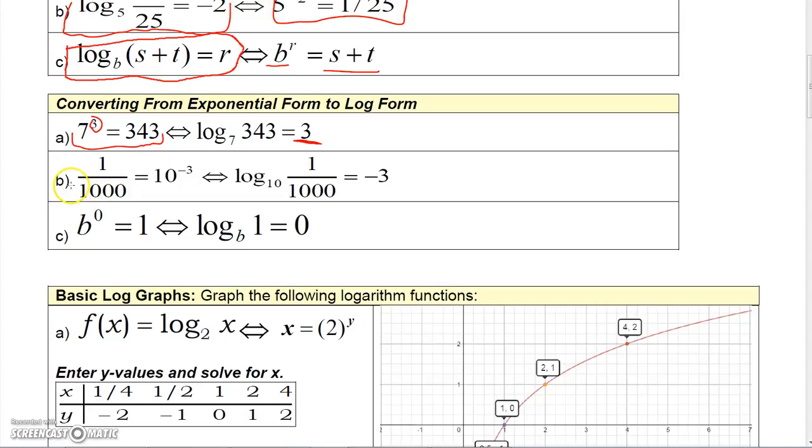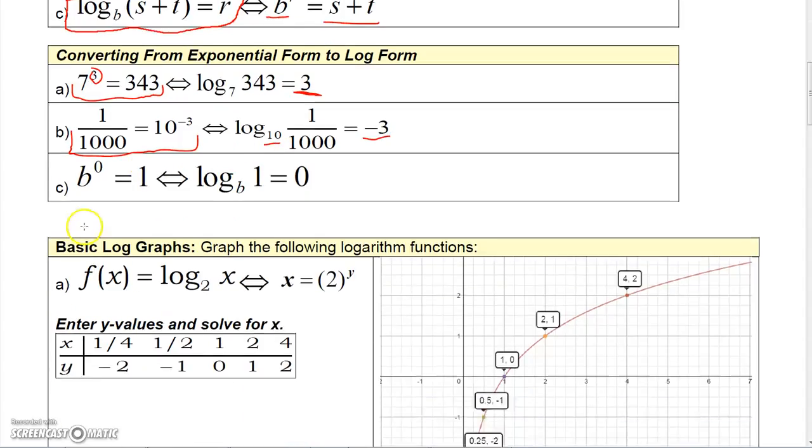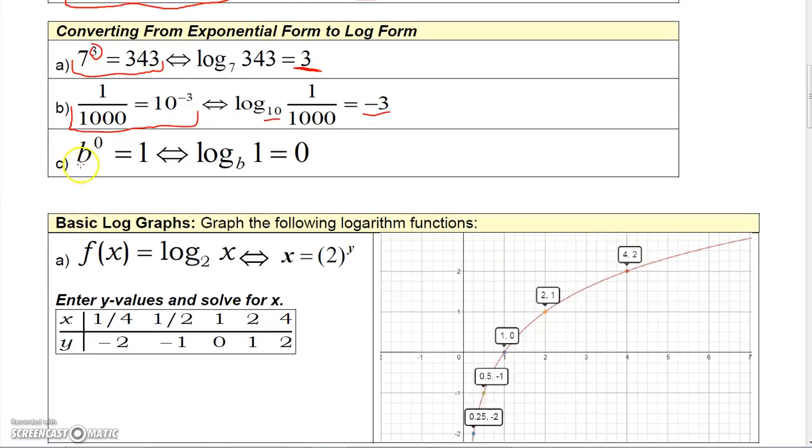Then if I said 1 over 1,000 is 10 to the negative 3, which of course is a true statement, that would be the same as saying the log of 1 over 1,000 base 10, since that's the base, is equal to the exponent negative 3. And if I said b to the 0 equals 1, that would be the same as saying the log of 1 base b is the exponent, which is 0.